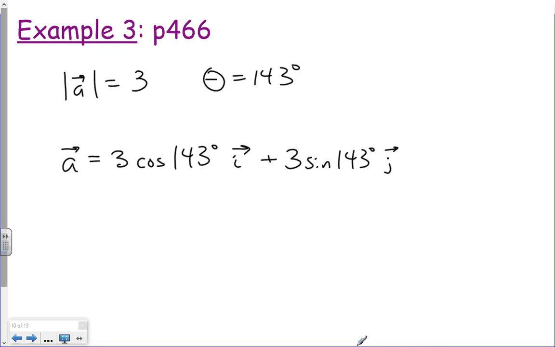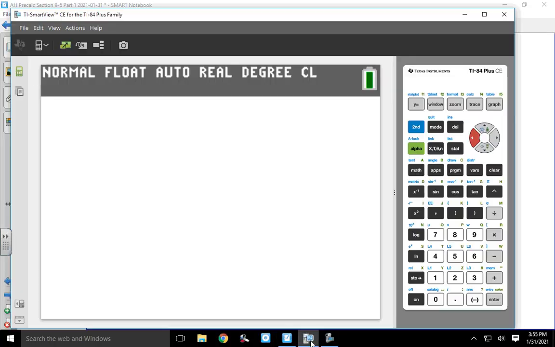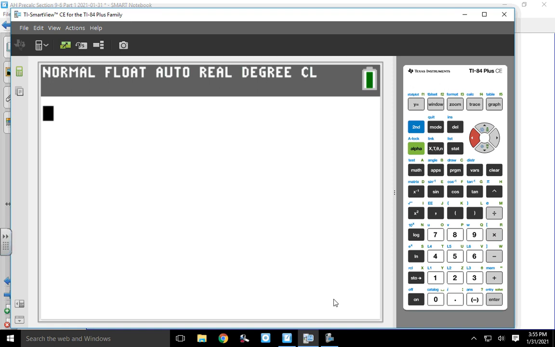Now, if you want to simplify this, if you want to actually calculate what those components are, you can grab your calculator and do that. So let's check that out. Our two components on our vector: we've got 3 times the cosine of 143 degrees. 3 cosine of 143. Make sure you're in degree mode here.